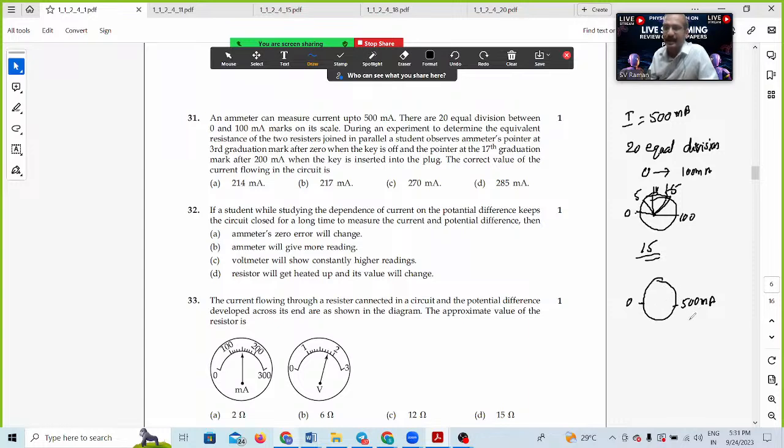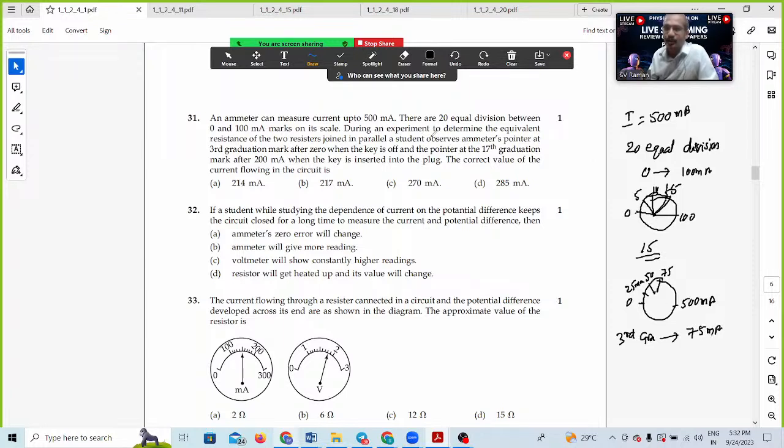So 500 by 20 is 25 each, so 25 milliamperes. And next is 25, 50, next 75. Now the third graduation mark is 75 milliamperes.